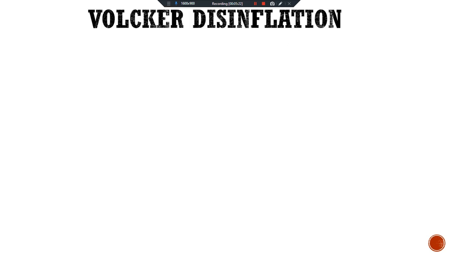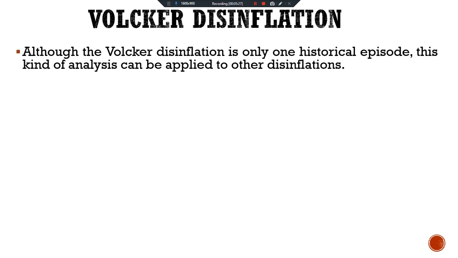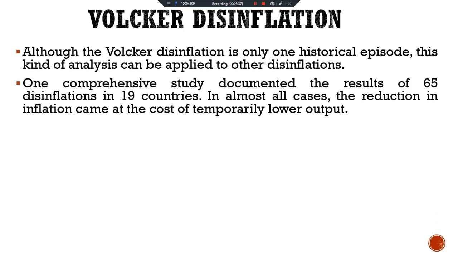Although the Volcker disinflation is only one historical episode, this kind of analysis can be applied to other disinflations. One comprehensive study documented the results of 65 disinflations in 19 countries. In almost all cases, the reduction in inflation came at the cost of temporarily lower output.